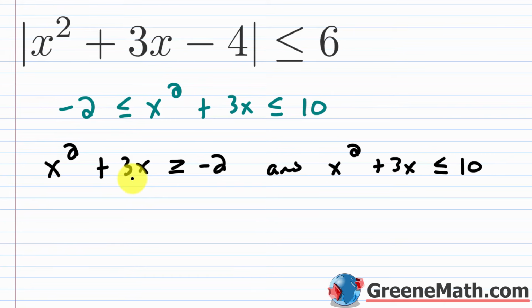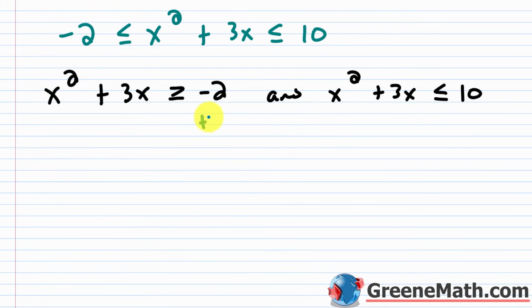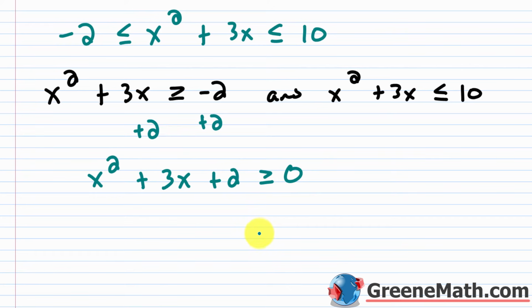Let's start out with our guy on the left. And what I'm going to do is just add 2 to both sides of the inequality. So this is x squared plus 3x plus 2 is greater than or equal to 0. And then for this, I can factor this. If you want two integers whose sum is 3 and whose product is positive 2, well, that's 2 and 1, right?